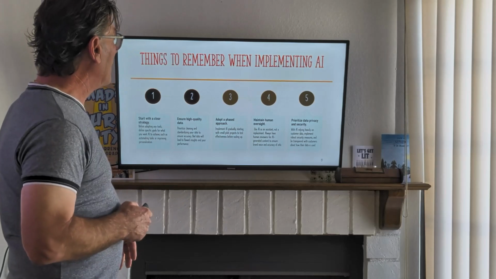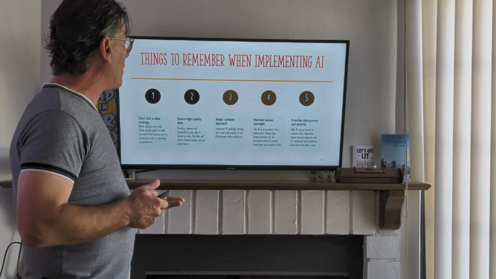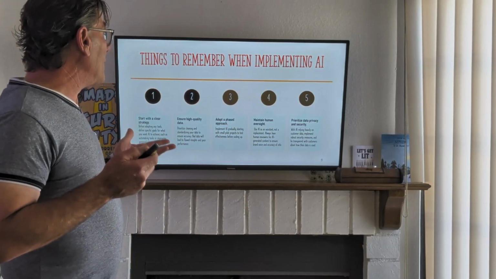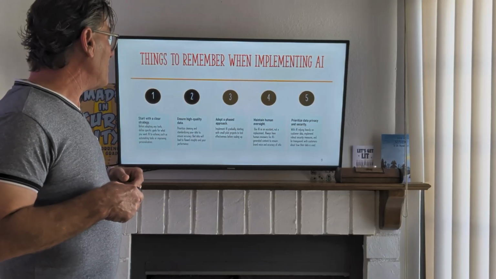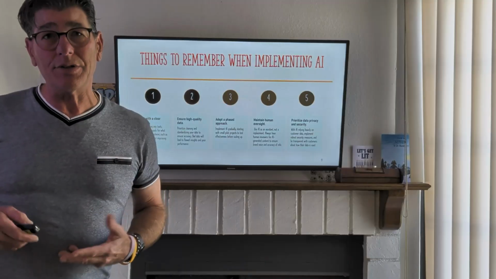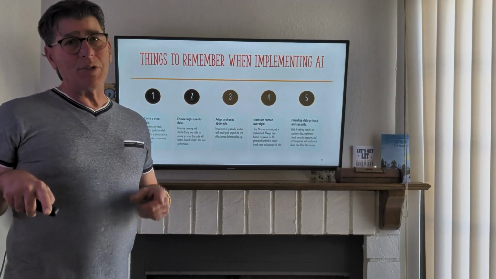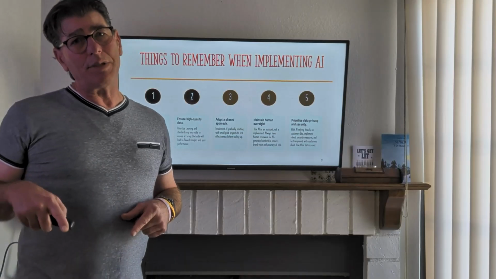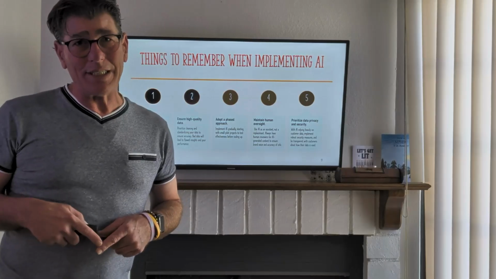Brand integrity, and then prioritize your data privacy and security. With AI relying heavily on customer data, implement robust security measures and be transparent with customers on how you're using their information. When you're using AI, you don't want to be giving away your social security number, your driver's license, things like that.